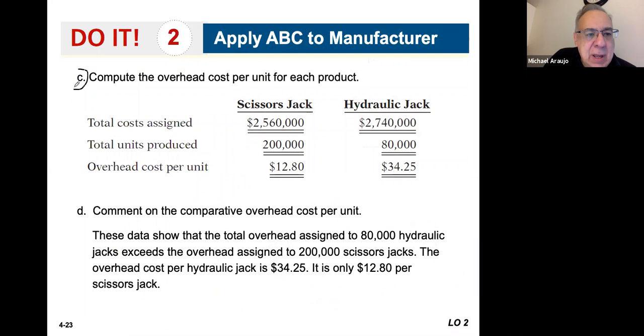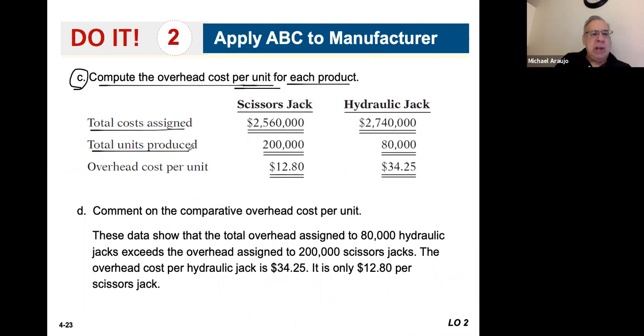Okay. Part C here, compute the overhead cost per unit for each product. Well, you already know what the total costs are because that's what you just did. How many units are going to be produced? Well, early on it told us we were going to do 200,000 scissor jacks and 80,000 truck hydraulic jacks.